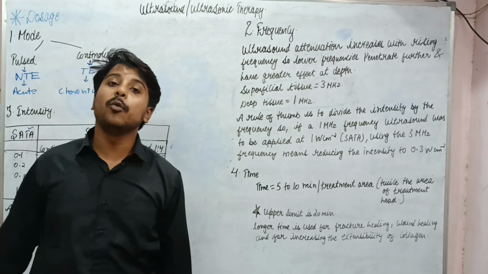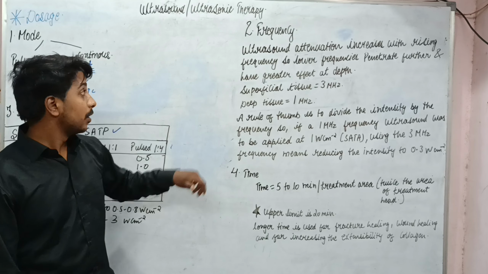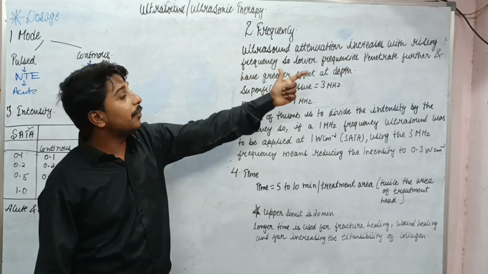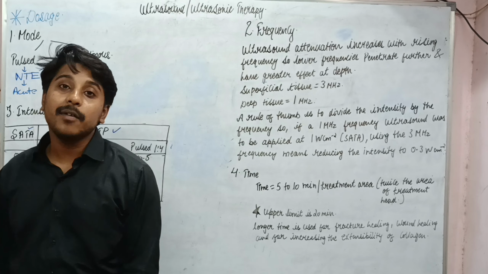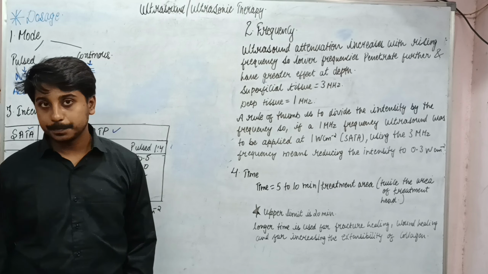That is why it is used in deep tissue lesions. Okay, so this is important: ultrasound attenuation increases with rising frequency, so lower frequencies penetrate further and have greater depth of penetration.